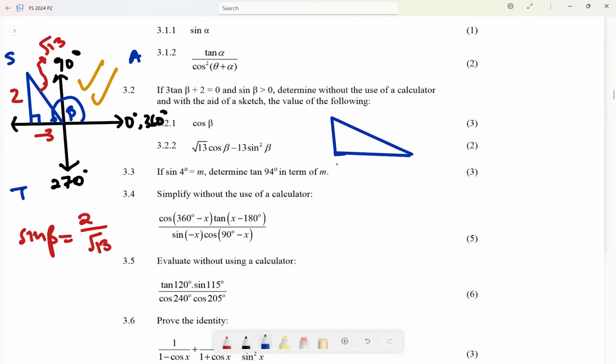Then M, remember what is sine? Just say this is over 1. Oh, so this is not M, it is 4 degrees. What is sine? Sine is opposite to my angle. Let me try to enlarge that.